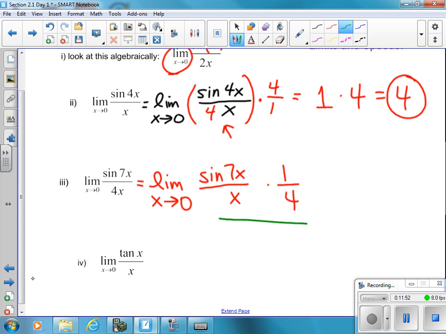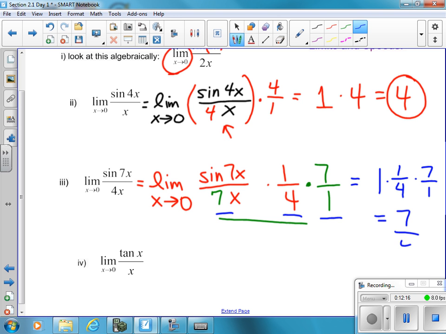If we want to multiply the bottom by a 7, we're also going to have to multiply the top by a 7. And now we have something that we can take the limit of. We have the limit as x goes to 0 of each of these three items: 1 times 1/4 times 7, and that equals 7 over 4.